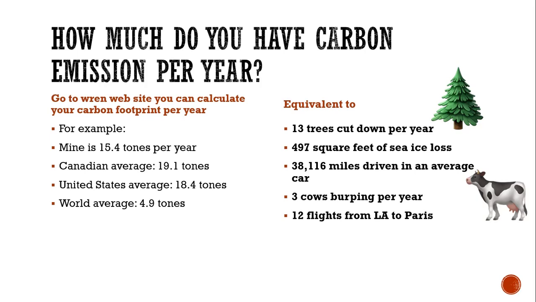For example, mine is 15.4 tons per year. The Canadian average is 19.1 tons, the United States average is 18.4 tons per person, and the world average is 4.9 tons.